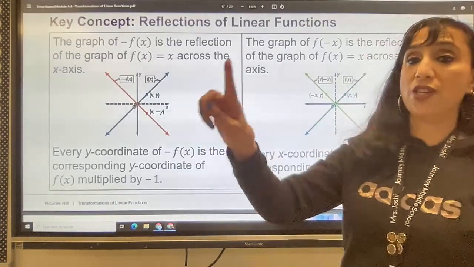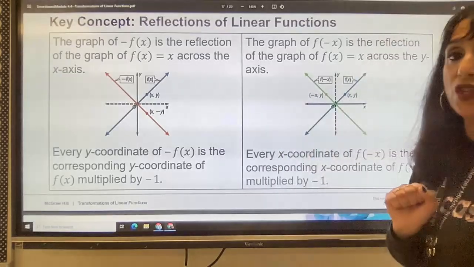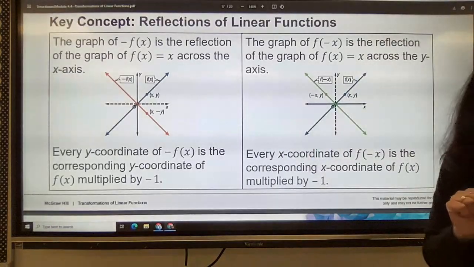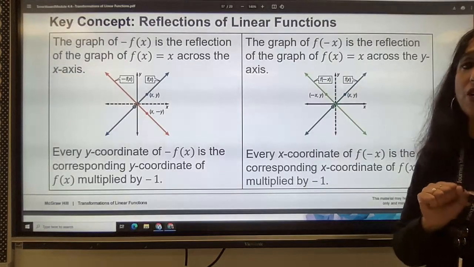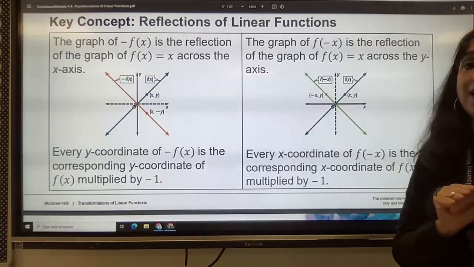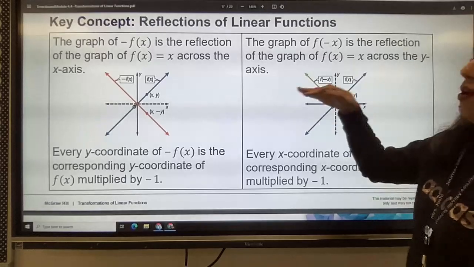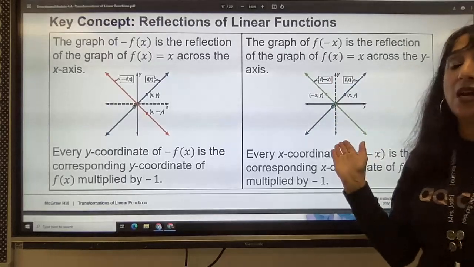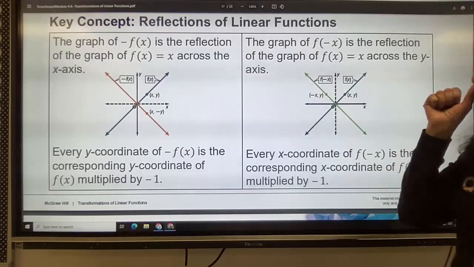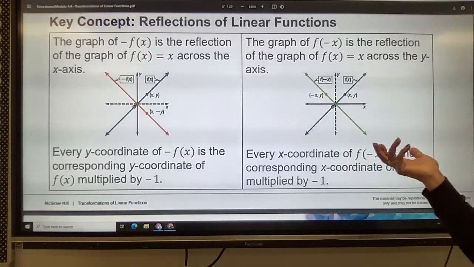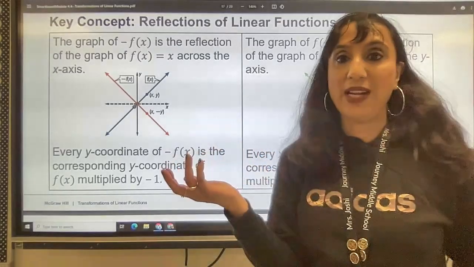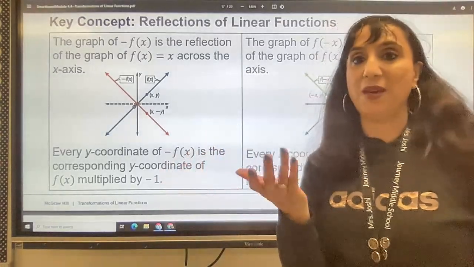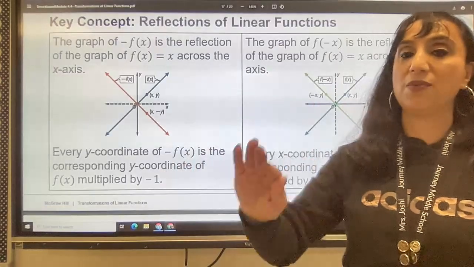So it's going to go across the y-axis. So the graph of f(-x) is the reflection of the graph of f(x) = x across the y-axis. And again, this is my parent function. So both graphs are going to look identical in this case, because it's the same thing whether you're reflecting up or down or going from side to side.